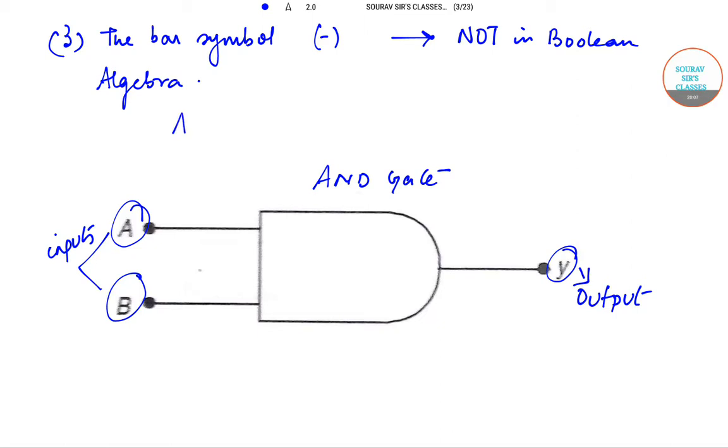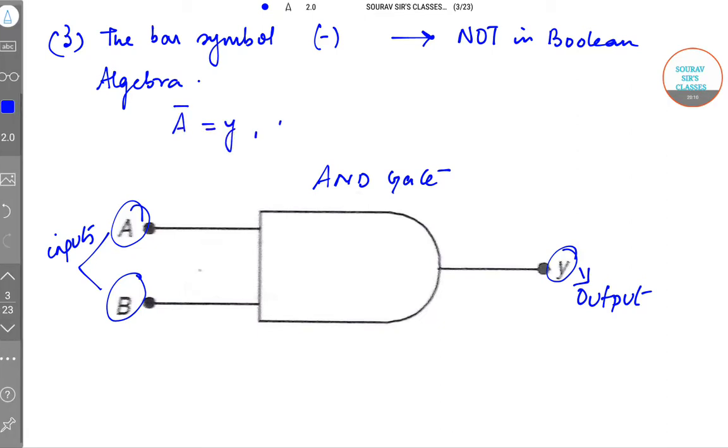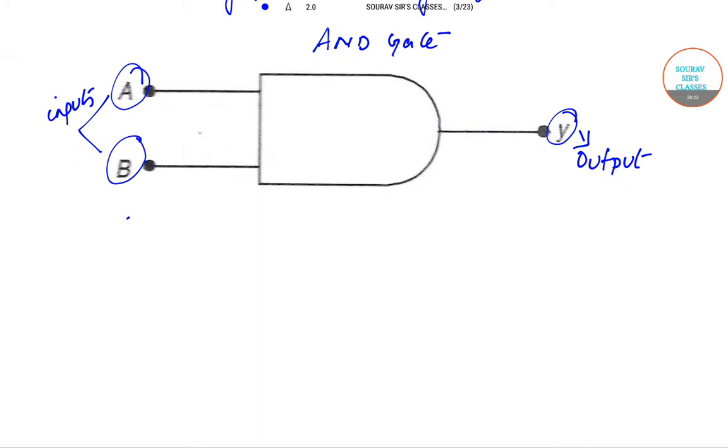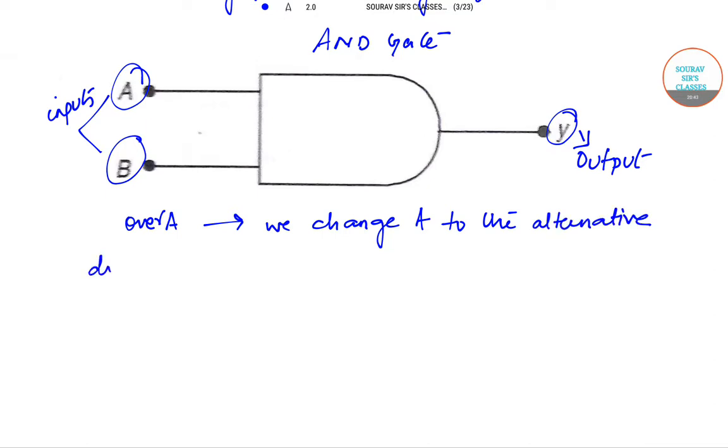So the Boolean expression A bar equal to Y indicates Y equals NOT A. Now the bar symbol over A means that we change A to the alternative digit, since in the binary system 1 and 0 are the only two digits.